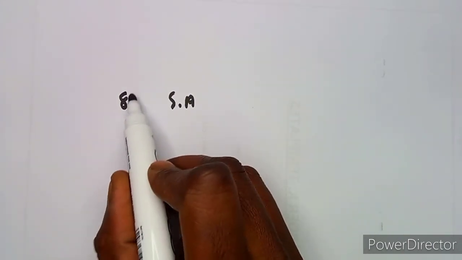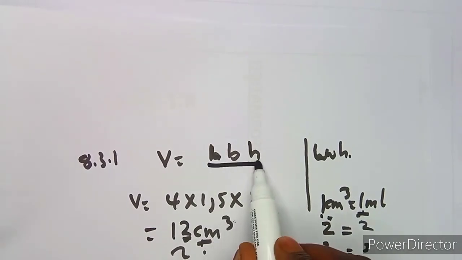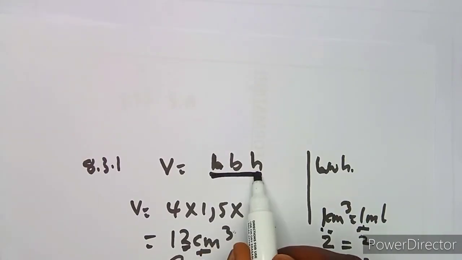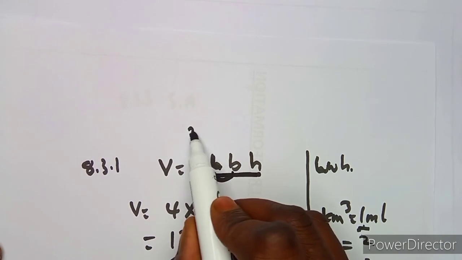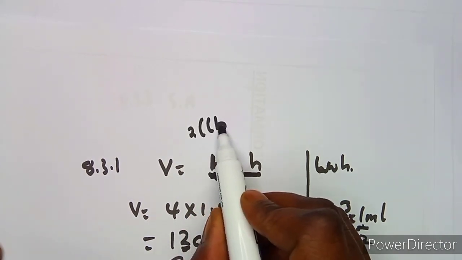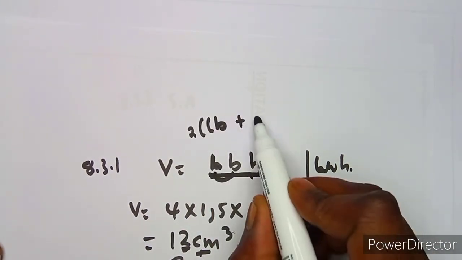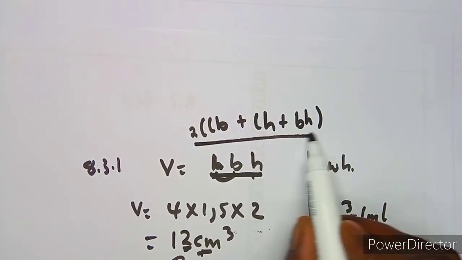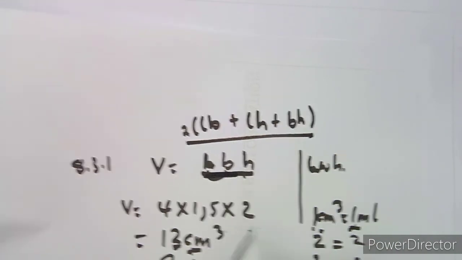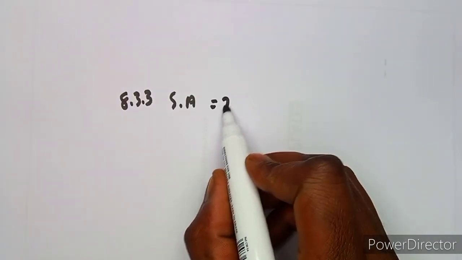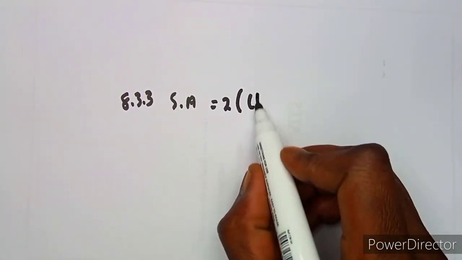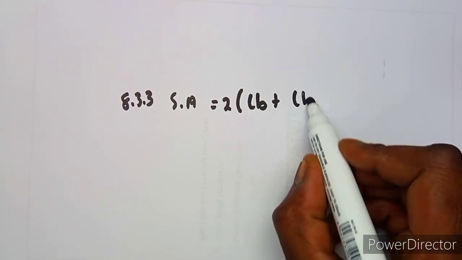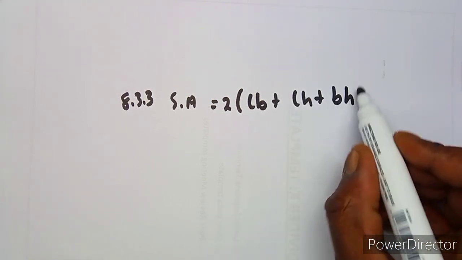This is 8.33 because from your formula sheet it's not there, so you take it from this one, it's LB, so it's going to be 2 LB plus LH plus BH, like this. You just combine these three together. So that's going to be 2 into LB plus LH plus BH.